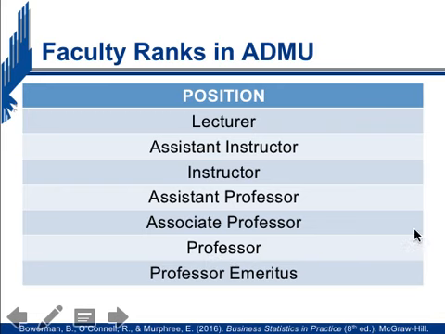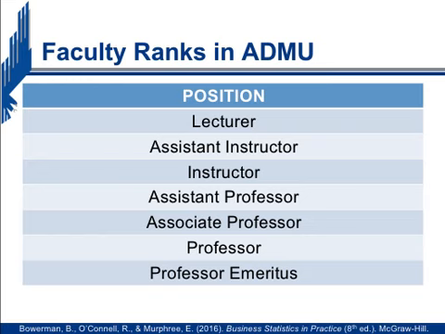So technically, it's incorrect to call all of your college teachers professors because only a few people in Ateneo de Manila University have this ranking, or in any other university. Now, again, the faculty ranks follow an ordinal scale of measurement because it allows us to categorize the teachers according to their experience, their years of service to the university, and their educational attainment.